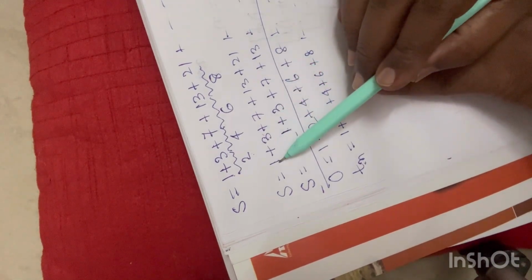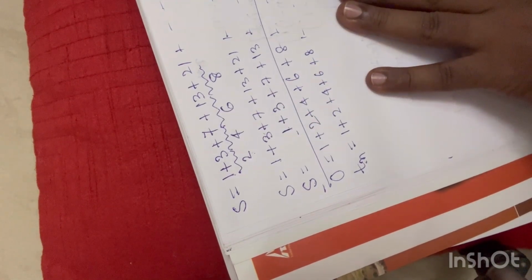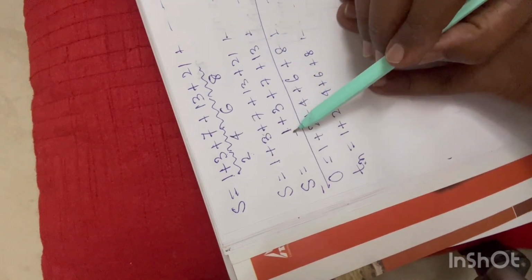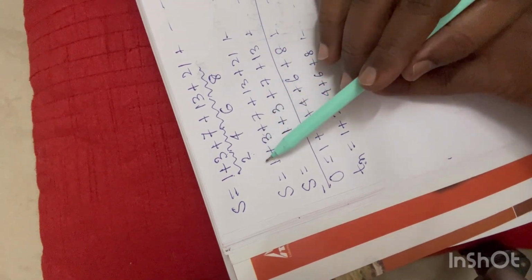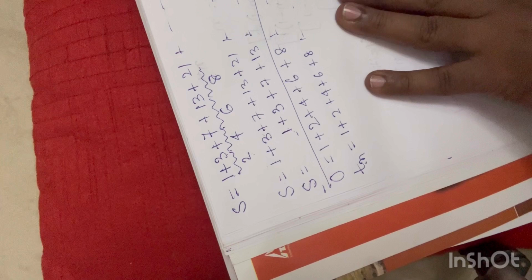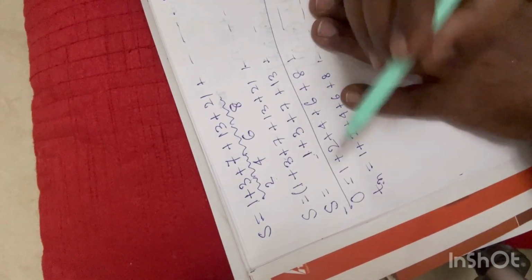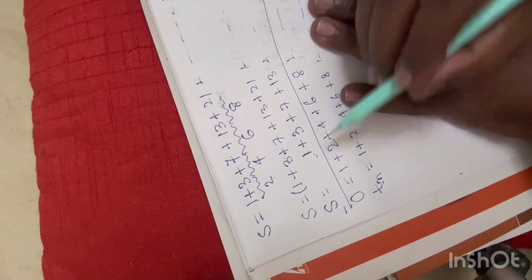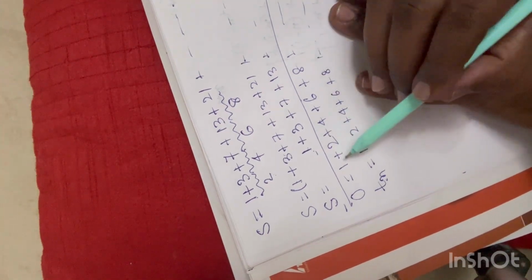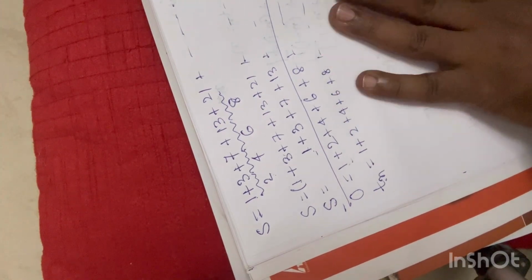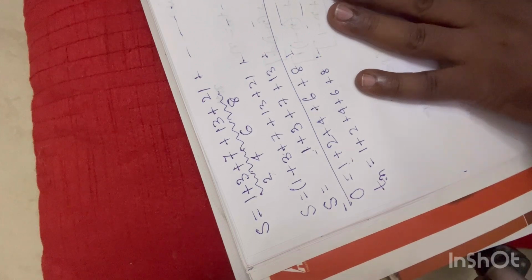Because the first S has n terms, once it is shifted one step ahead, the total number of terms from the start of the first S to the end of the second S is n plus 1.